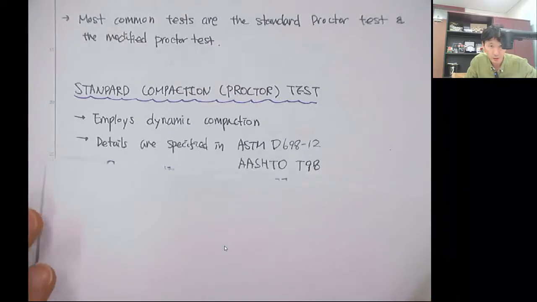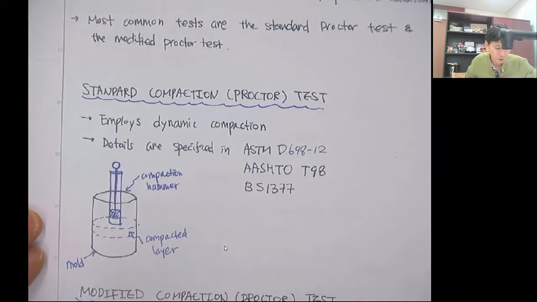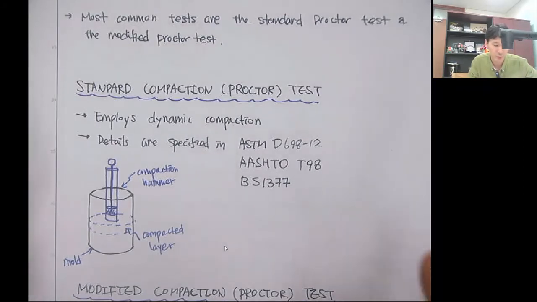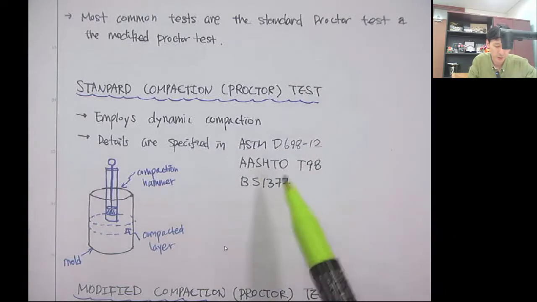Both tests employ dynamic compaction. So we apply the impact force to the top of the soil while compacting the soil in layers. The details of this method are specified in many specifications like ASTM, AASHTO, or the British standard.